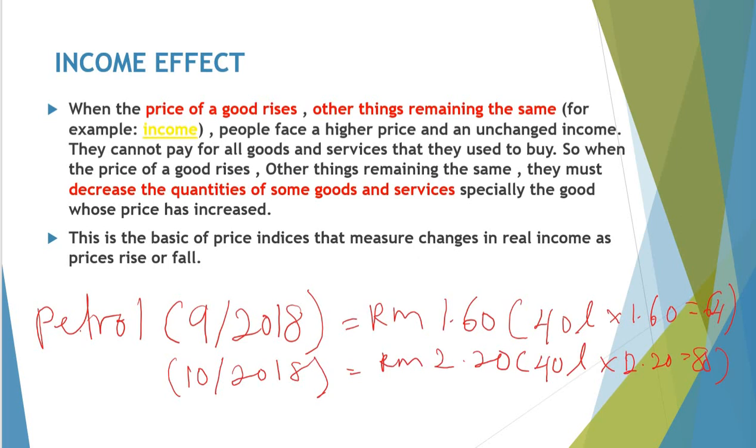RM88. Tapi gaji awak daripada bulan 9 sampai bulan 10, salary awak adalah berapa nak? Agaklah RM3,000 starting gitu. So salary awak pada bulan 9 RM3,000, salary awak pada bulan 10 masih lagi RM3,000.